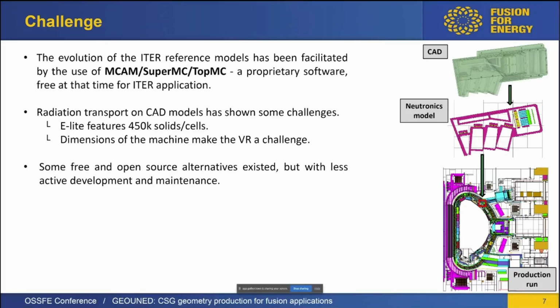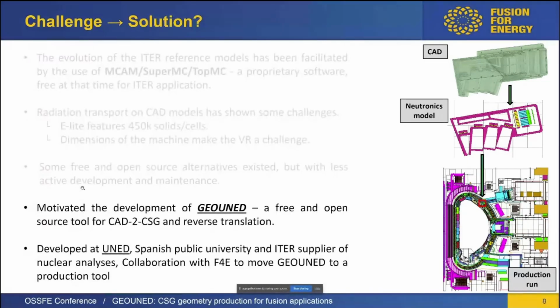We were worried, and also our colleagues from the UNED University were worried. So this has, of course, motivated the development of a new tool called GEOUNED, where the idea was to have a free and open source tool for CAD to CSG and reverse translation.